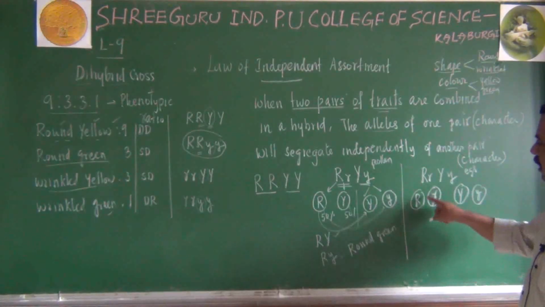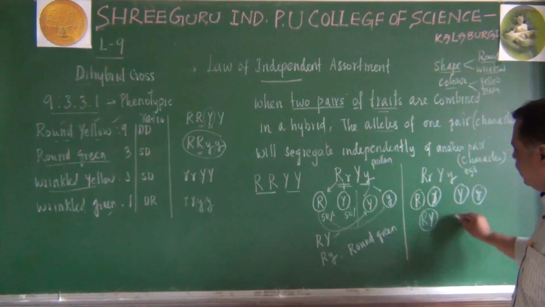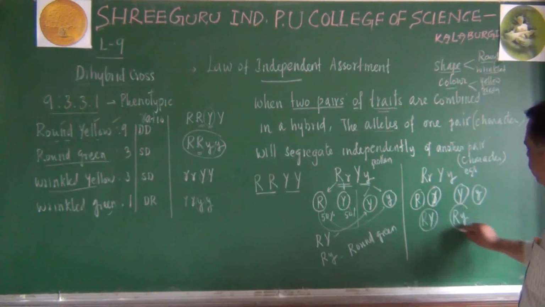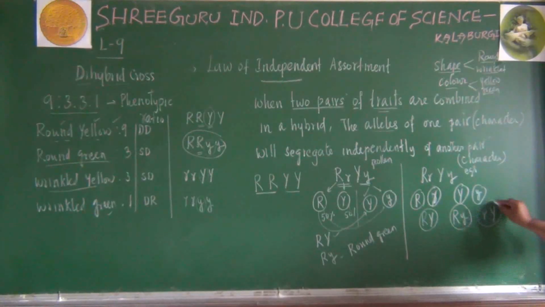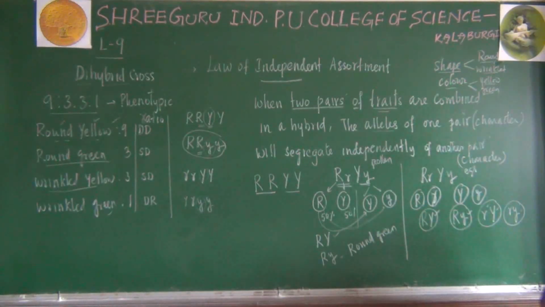But when it is a dihybrid, the gametes will be capital R capital Y one gamete, capital R small y one gamete, small r capital Y one gamete, small r small y one gamete. How are these four types of gametes possible? Because of independent assortment. Capital R has got independence either to join with capital Y or to join with small y. Small r has got freedom, independence either to join with capital Y or to join with small y.